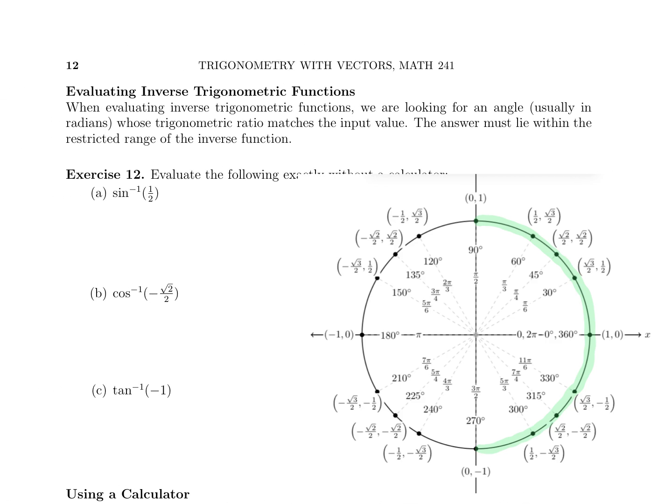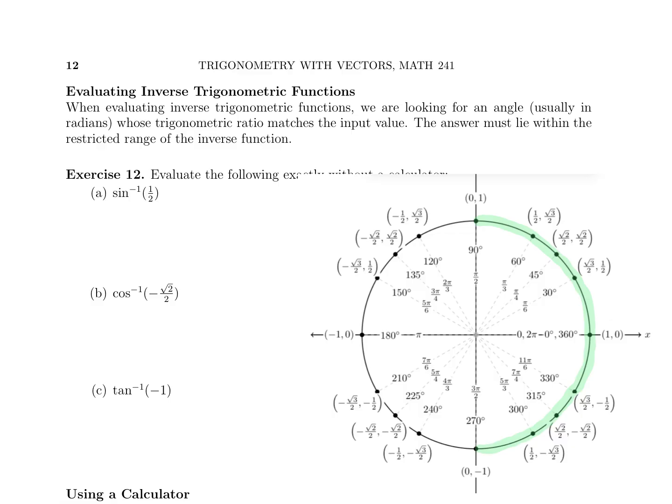So for this example here, sine inverse of positive 1/2, what we're looking for is the angle. Whenever you're asked to find an inverse, what you're looking for is the angle that corresponds to 1/2 as a sine value.